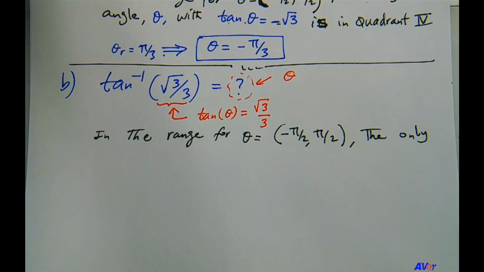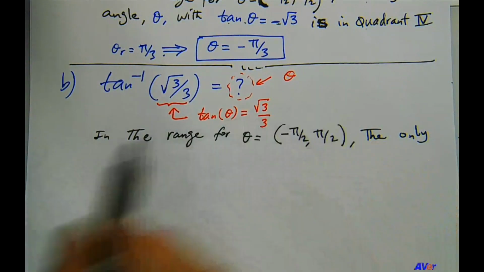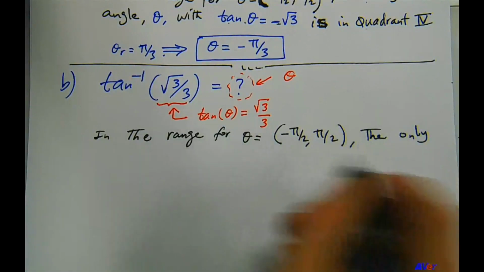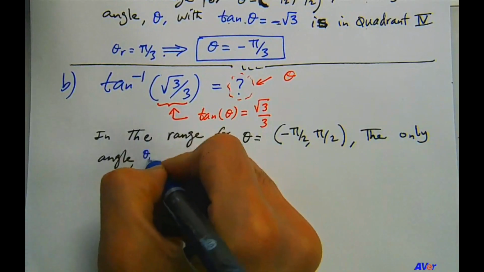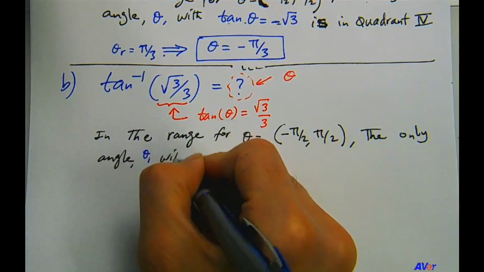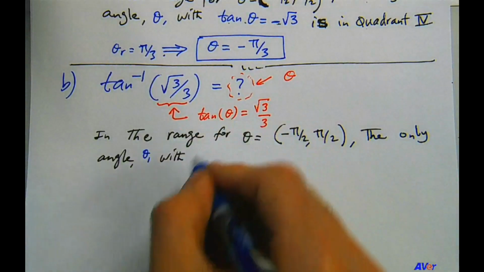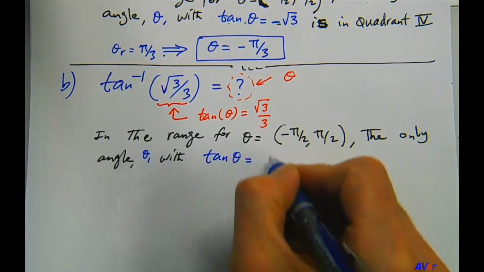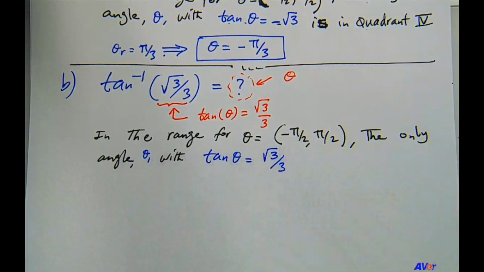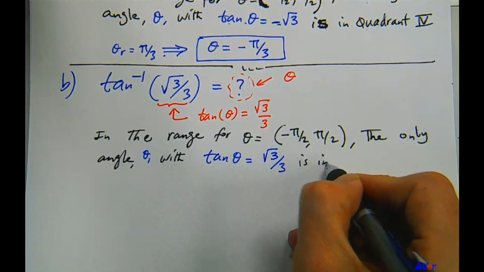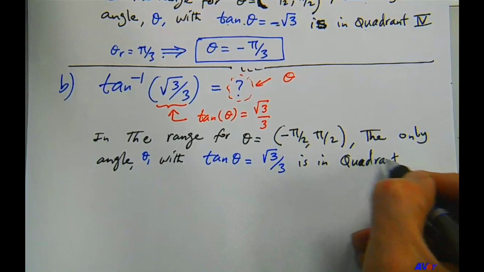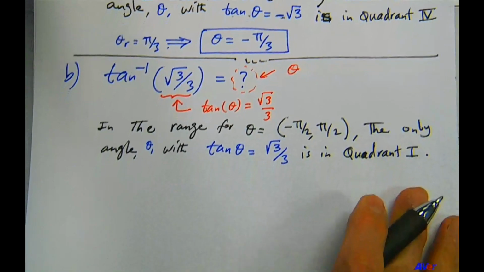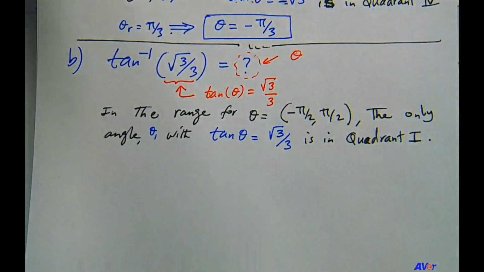So the only angle is in quadrant 1, right? In that quadrant, the reference angle is equal to the angle we're looking for.